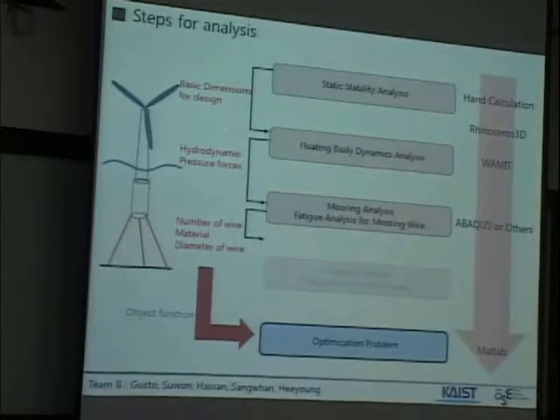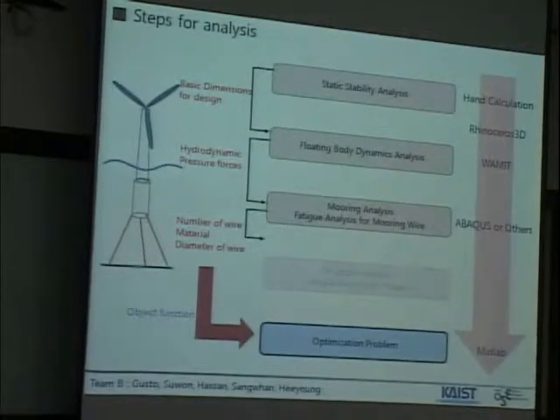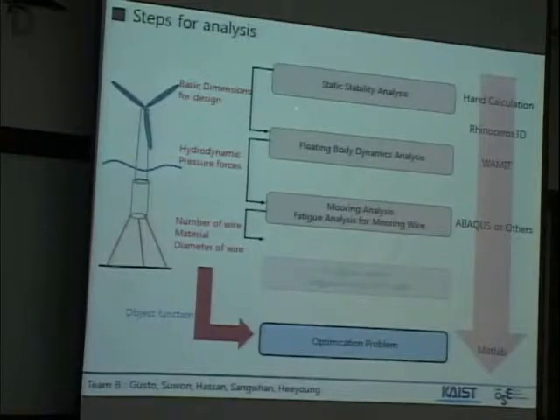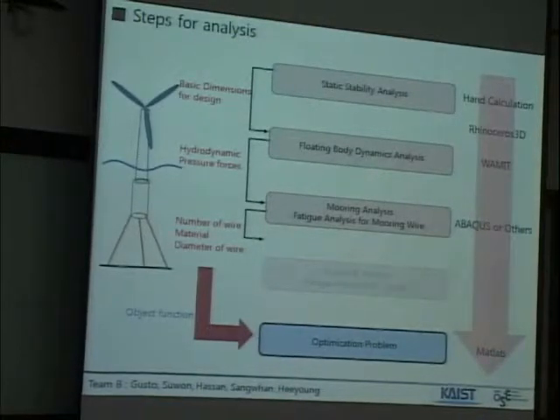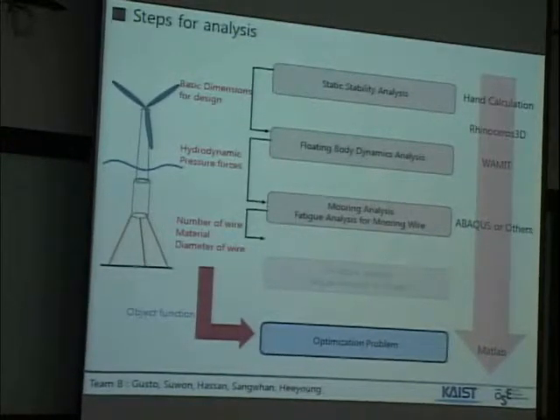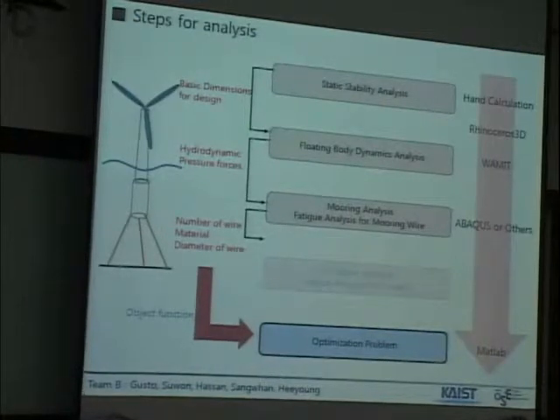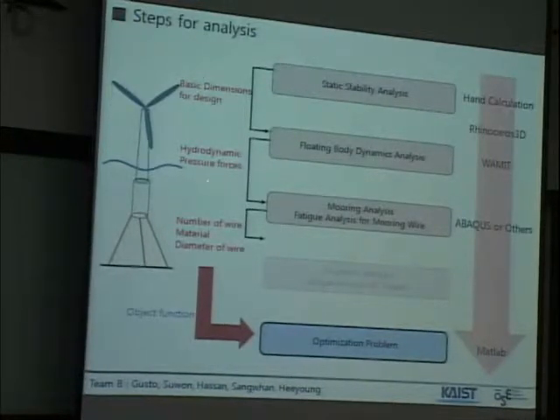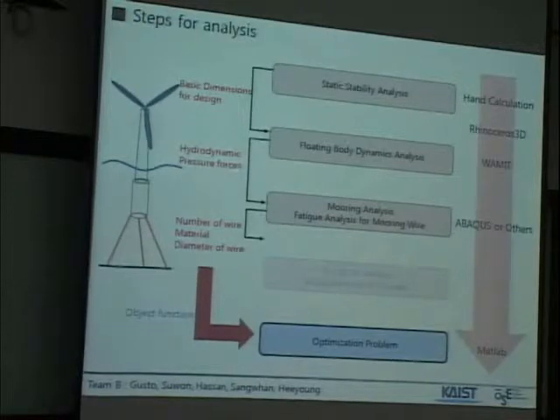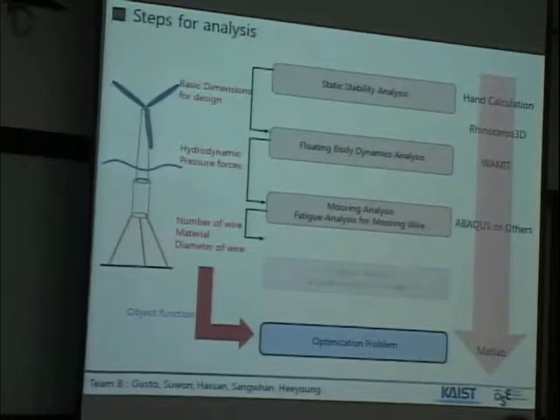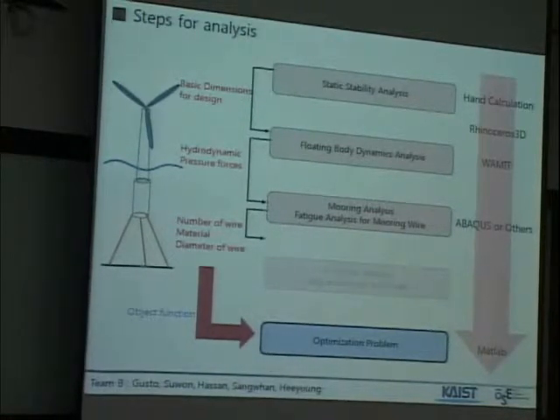These dimensions can be calculated by just a simple hand calculation and stability map. And then, by using the WAMIT software, we can calculate the exciting forces and the dynamic forces and moments from the viewpoint of hydrodynamics.